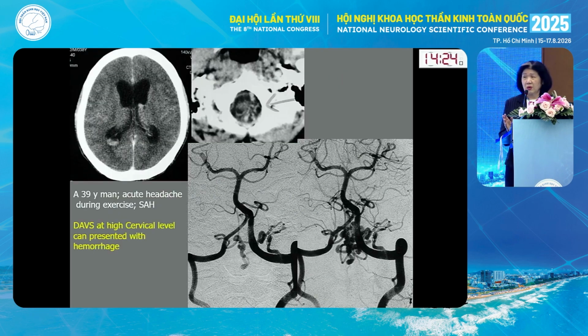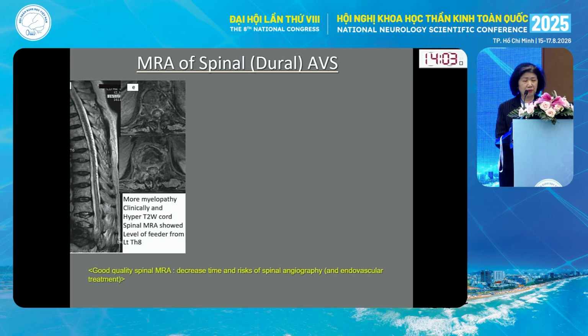Bleeding can occur. We used to believe that there is no hemorrhage in dural arteriovenous shunt, but it happens with shunts at the high cervical or foramen magnum level. It's now out of the textbook that a dural arteriovenous shunt can present with hemorrhage.